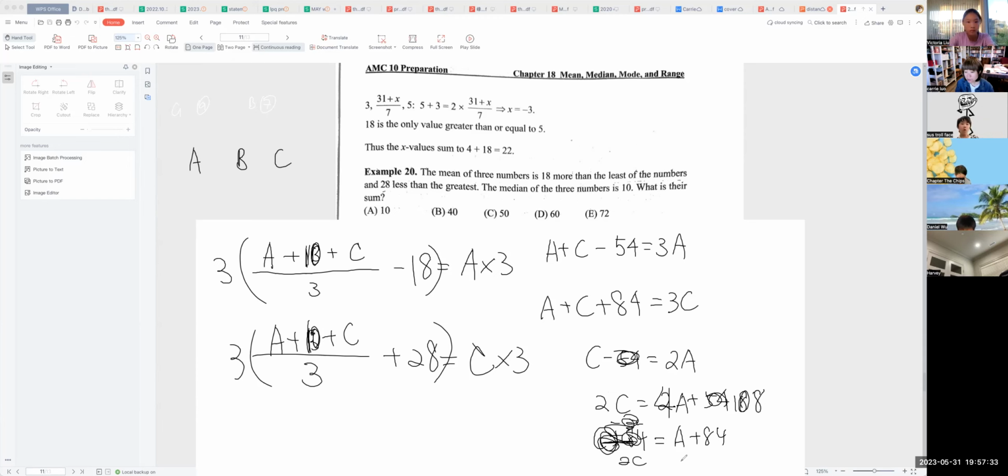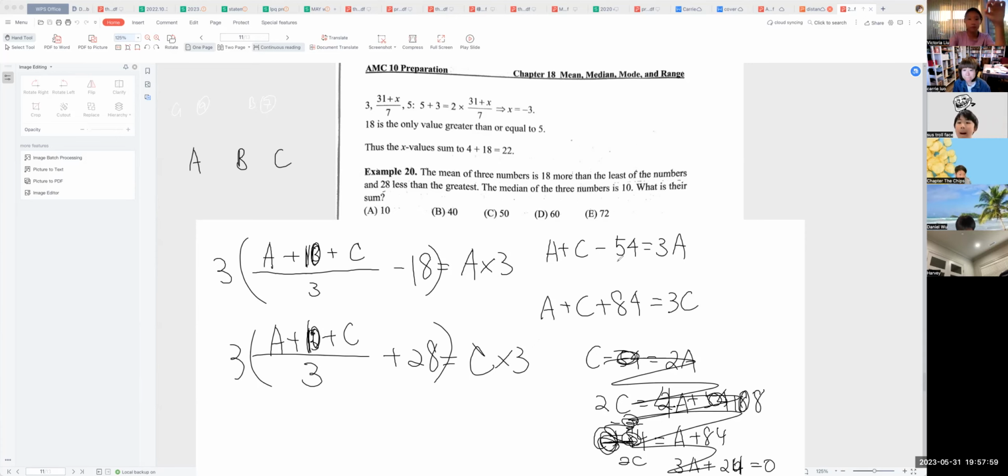So 3A plus 24 equals 0. So A is a negative number? I think I calculated wrong, because I got A equals 2 myself. Sorry, my calculation is wrong. Let's do it from the very beginning.